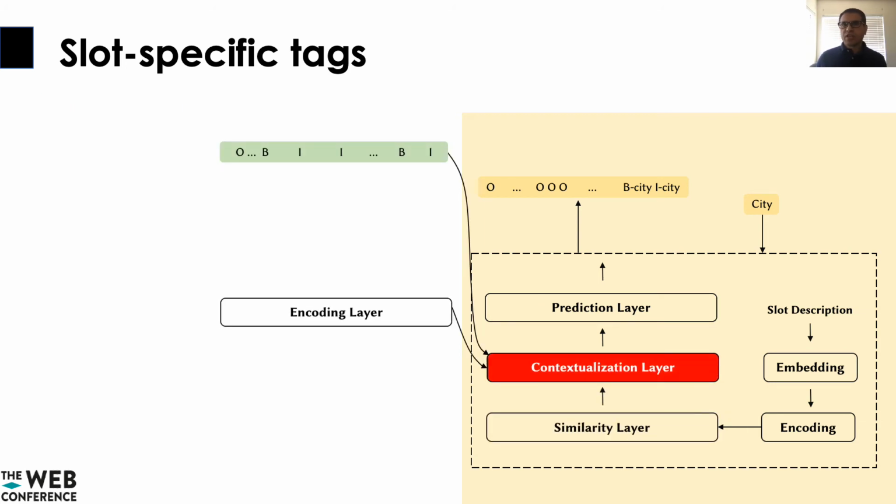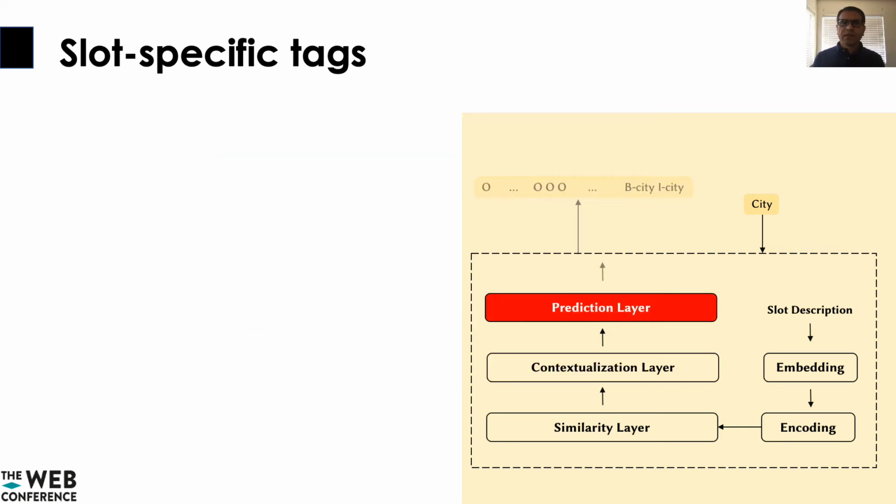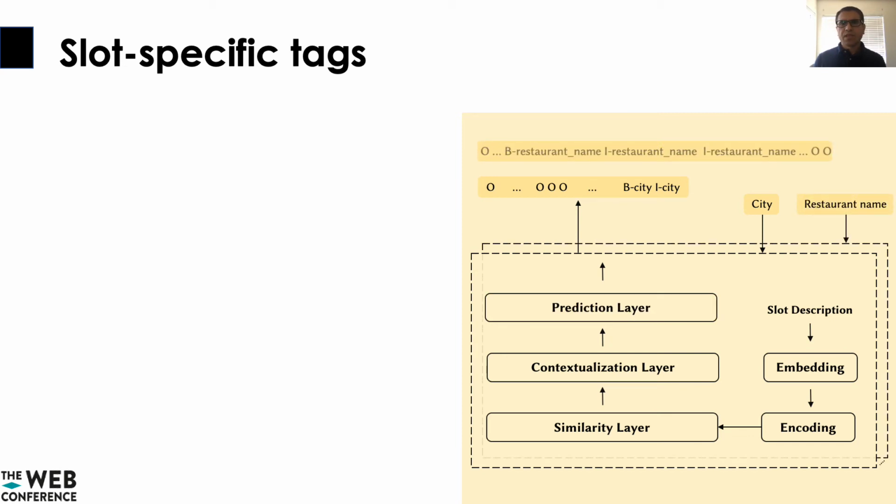Then contextualization layer employs bidirectional LSTM network to contextualize utterance encoding, IOB predictions, and similarity between utterance and slots. Then another CRF layer predicts tags for the given slot type. This step is repeated for every relevant slot, and their predictions are combined to have the final predictions for the utterance.